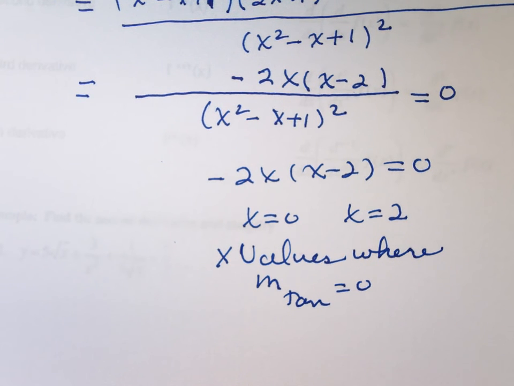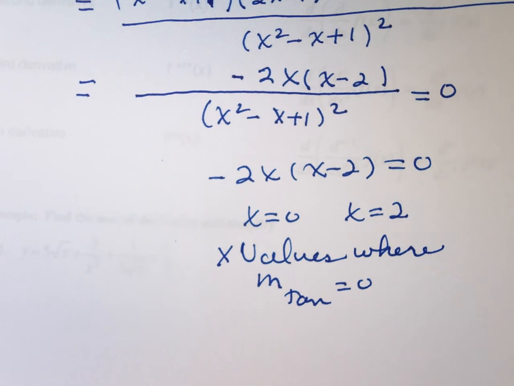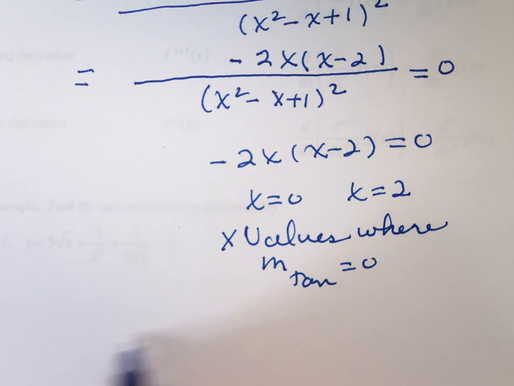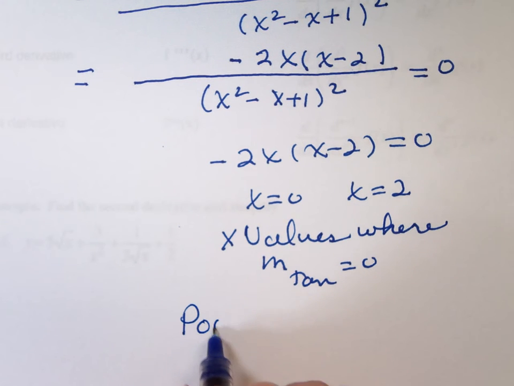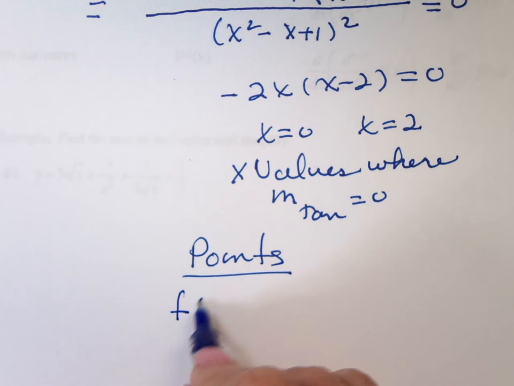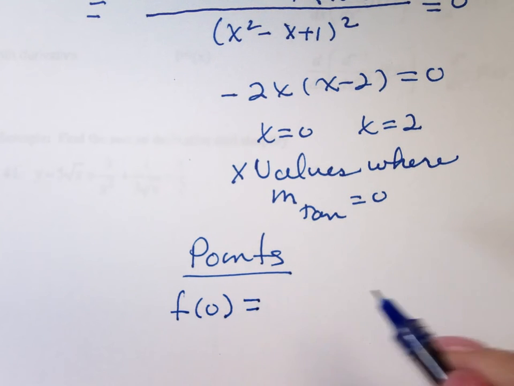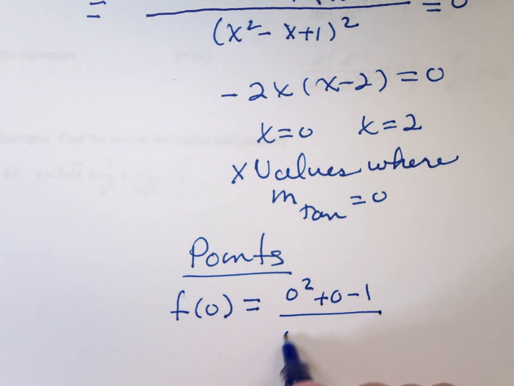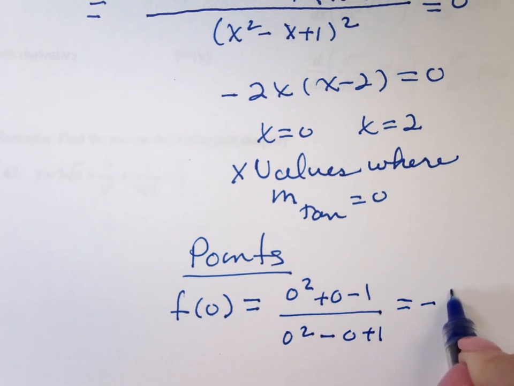But they don't only want the x values, they want the y values, right? I didn't even do that last hour. So what I need is the points. So I need my favorite, f of 0, because that's a no-brainer. That's 0 squared plus 0 minus 1 over 0 squared minus 0 plus 1, which is just minus 1.